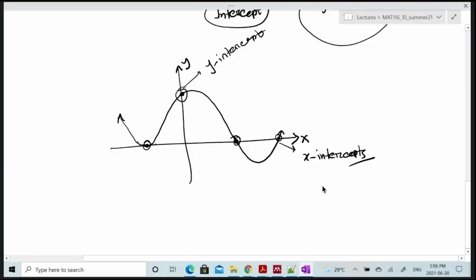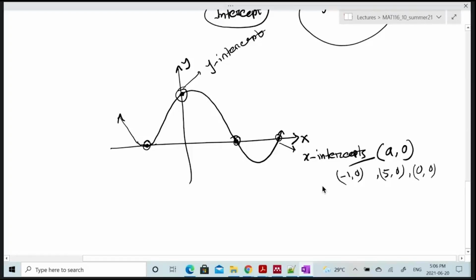Now can you tell me what should be the value of y on top of the x-axis? 0. Yes, a comma 0. So a could be any real number. So for x-intercept, it could be -1,0, 5,0, 0,0.